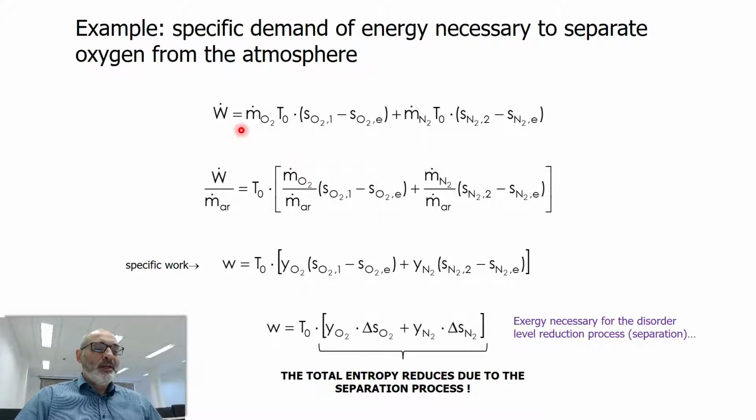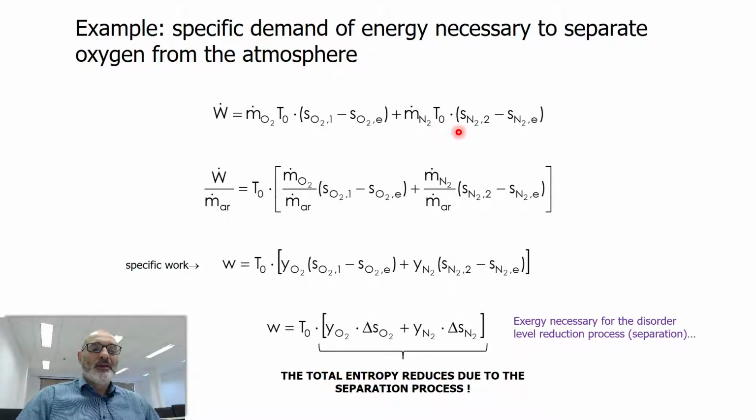So, mass flow rate of oxygen times its exergy variation, which we calculate simply by this term here, T0, environment temperature, multiplying SO2 at exit 1 minus SO2 at the entrance of the separation process.